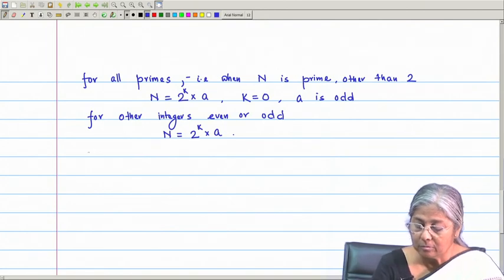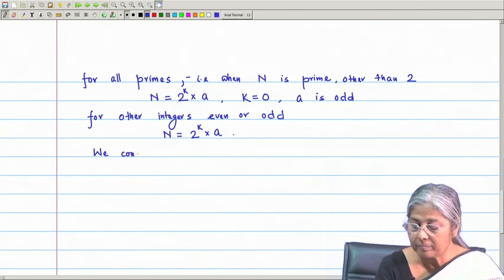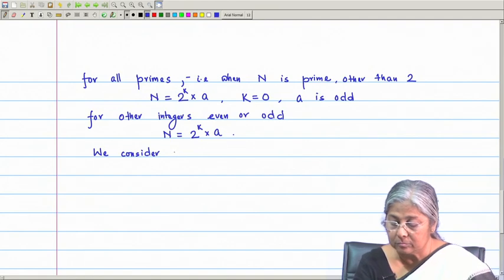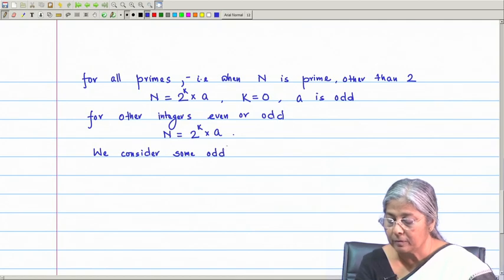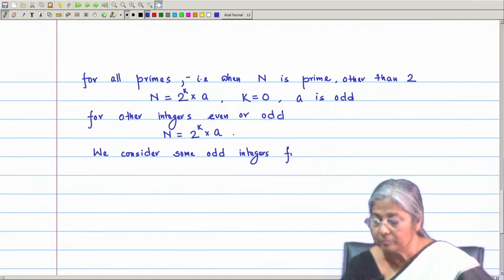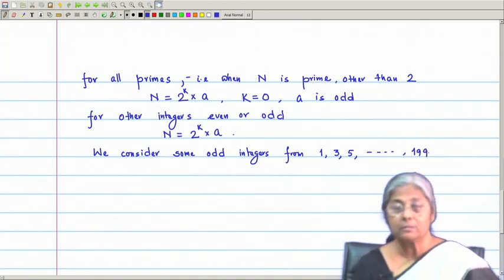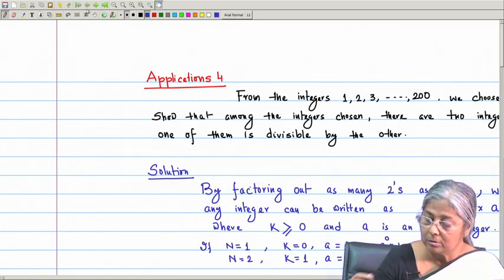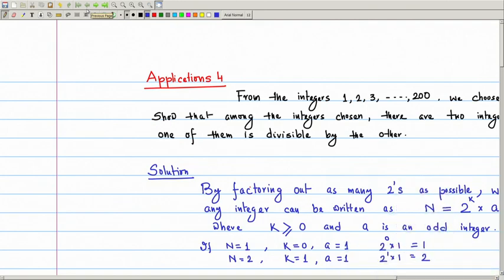Now, we consider the odd integers from 1 to 199, since the numbers given are 1 to 200.